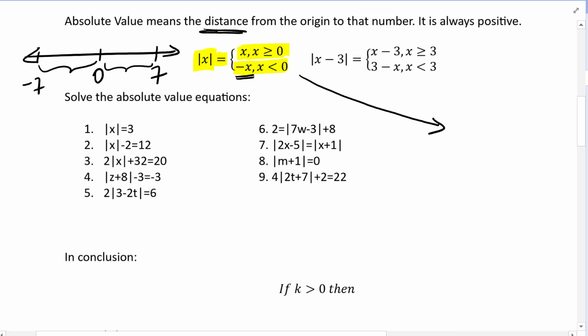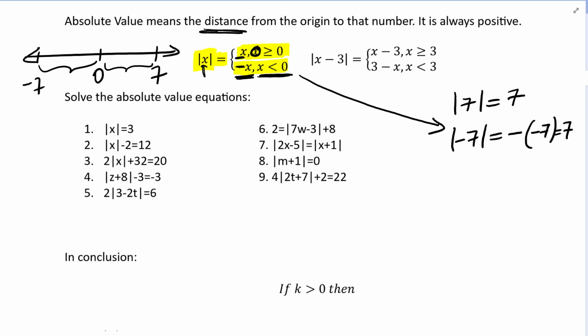If I ask you to find the absolute value of 7, because 7 is greater than 0, it produces exactly 7. For the absolute value of -7, because -7 is less than 0, I look at the second part of this function. It's the opposite of the value in here, so the opposite of -7, which is 7.